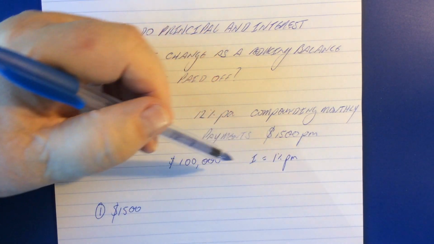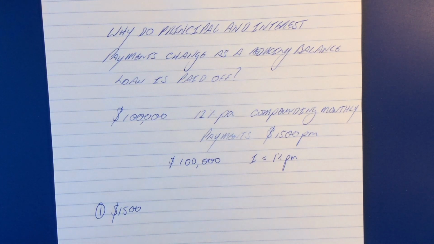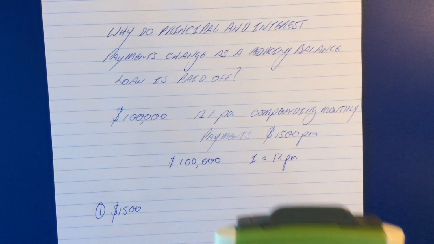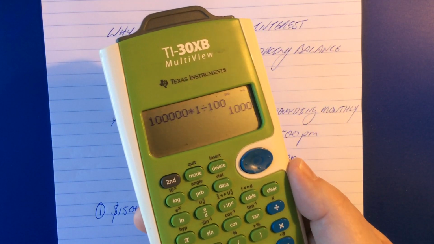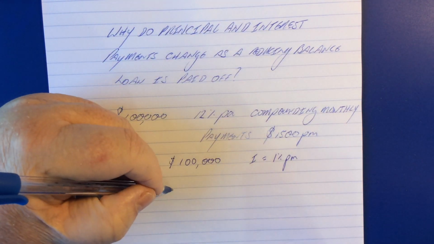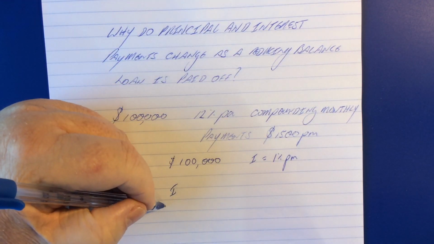Their interest bill will be 1% of $100,000. And just let me show you this on a calculator. So $100,000 times 1%, which is 1 divided by 100. There we are, $1,000.